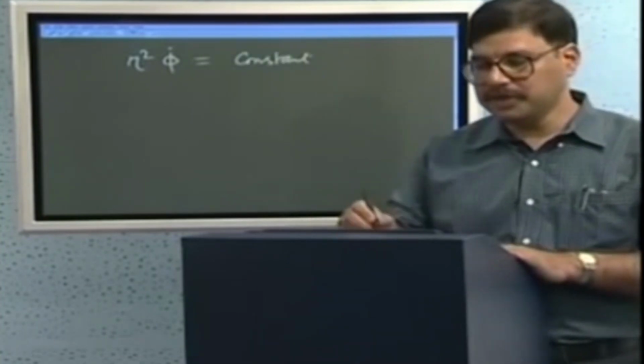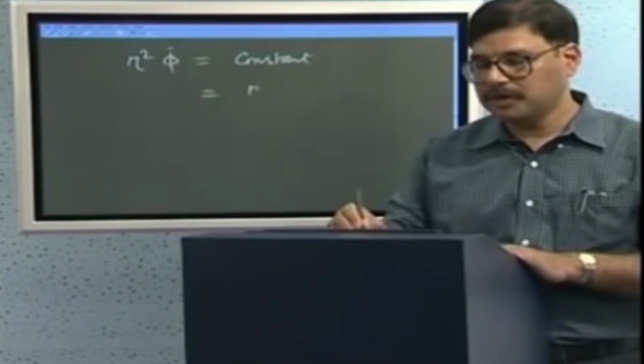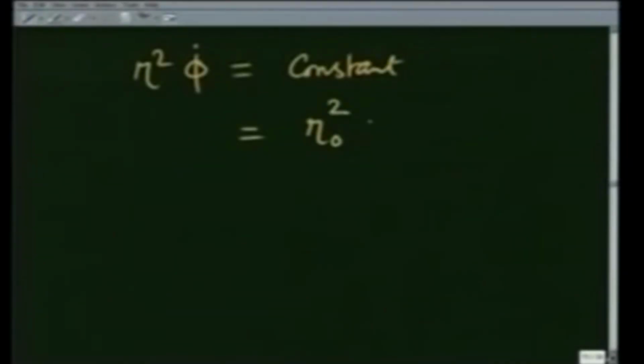So, if the initial position was r0 and its initial angular speed was omega 0, this remains fixed. As I already told you, r changes according to r0 minus vt.